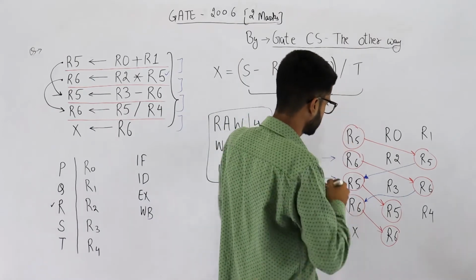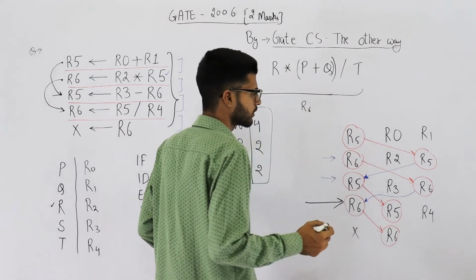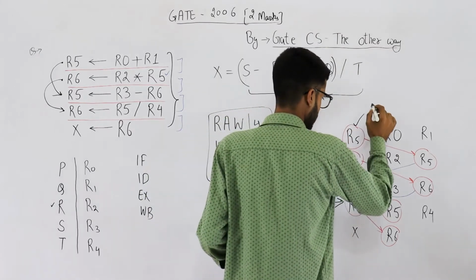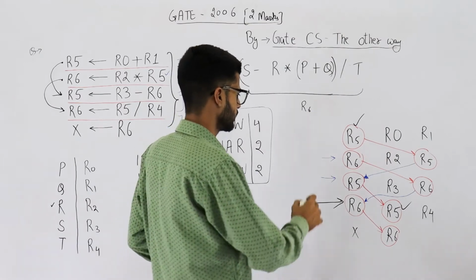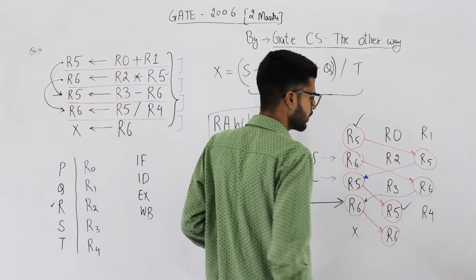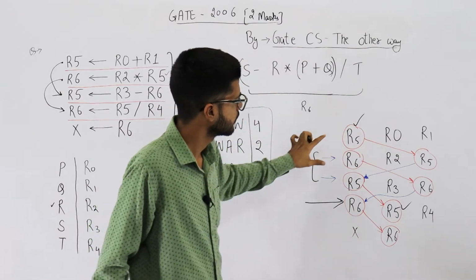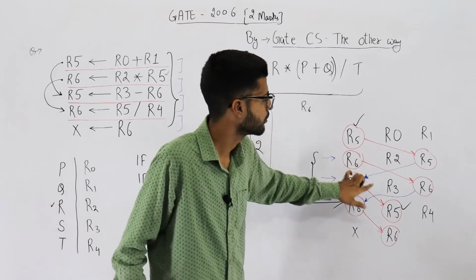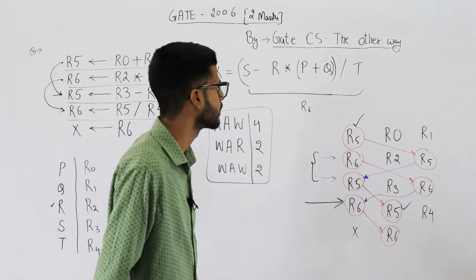Okay, so just see here. This is R5 and this is R5. Now because there are 2 complete instructions between these 2, we can be sure that there is enough time between them that the dependency will not occur.